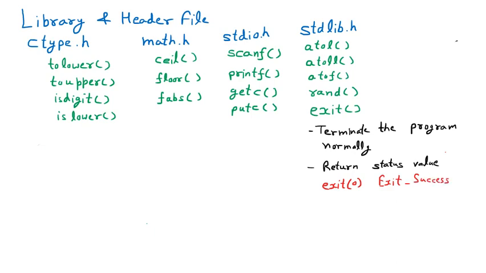Exit success is also a constant which says that your program is exited successfully. There is no such problem, means your program is totally complete and now it is going to exit. But anywhere you are saying any other value, let us suppose exit 1, 2, 3, 4, any integer value, the meaning is that it is the exit failure.